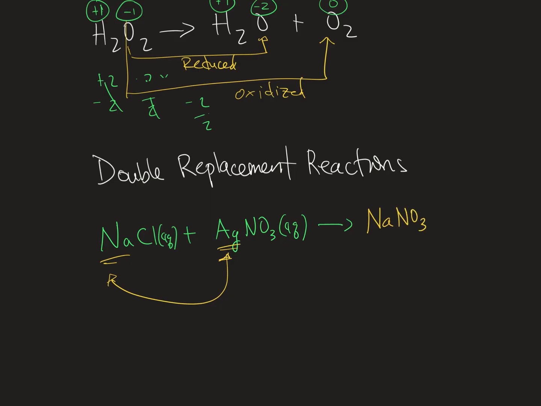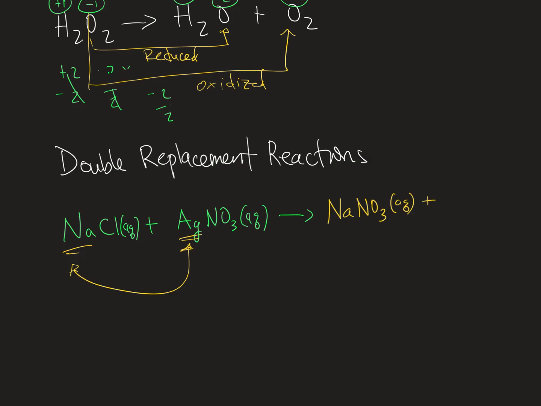Y'all remember this? And it turns out that one is aqueous. And then silver hooks up with chlorine. What's the charge of silver? +1. And if you don't remember, you figure it out, right?